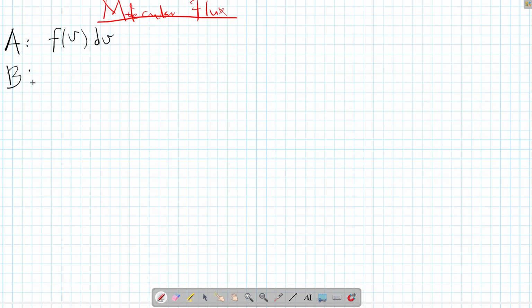The next step, B, is that if we are given a small letter n to represent the number density of molecules, this is going to be capital N divided by V, where big N is the total number of gas molecules and V is the volume of the container.